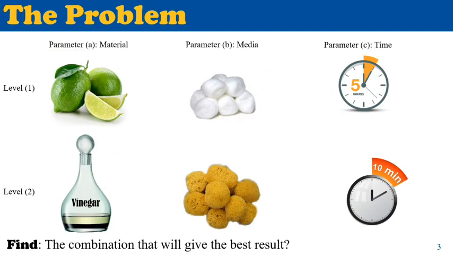So I think the problem is clear to you now. We're trying to define the minimum number of experiments I have to run to make a decision about what would be the best combination of these parameters and levels that will give us the best result of cleaning something. So 80% cleaning, 90% cleaning done within 5 minutes or 80 minutes. What is the best combination?